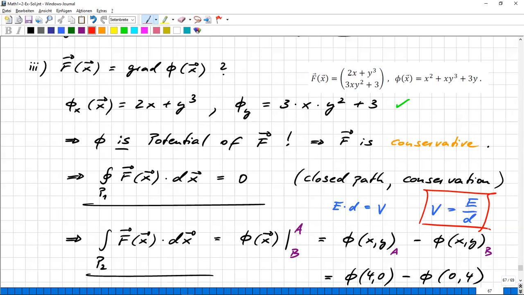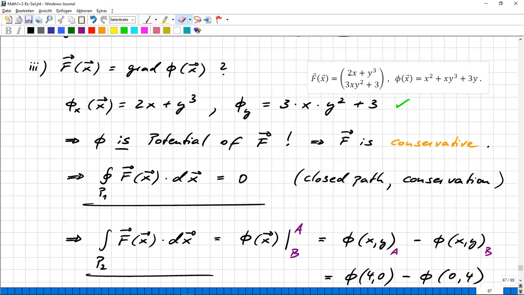Voltage between the two plates equals electrical field strength between the plates times the distance between the plates. So that's for the same reason as what we're doing here in the end. This is a very simple case because the electrical field is homogeneous inside the usual capacitor, so it's locally constant. But in the end, that's much the same thing applied to electrical engineering.